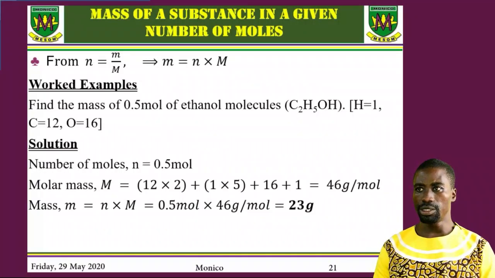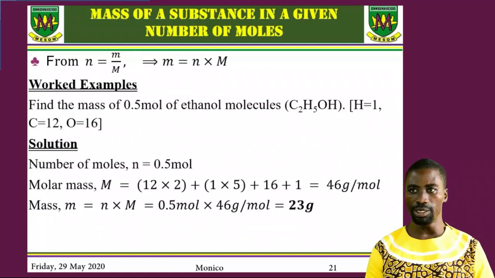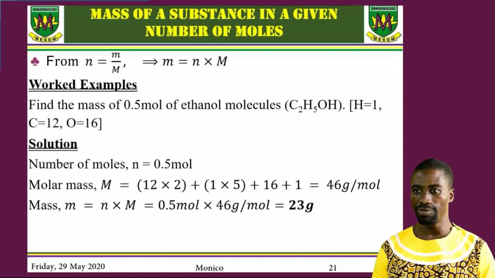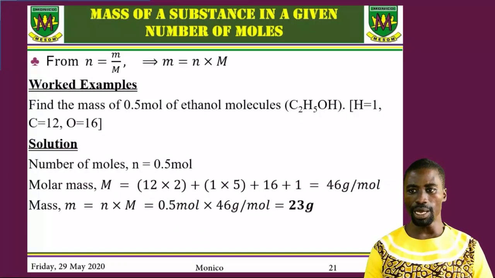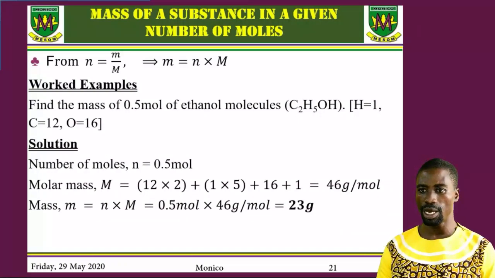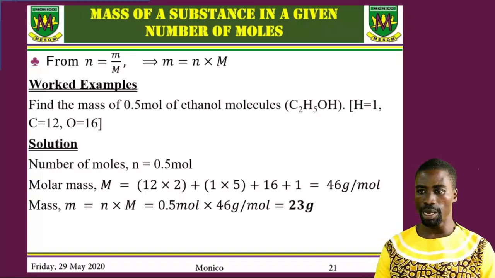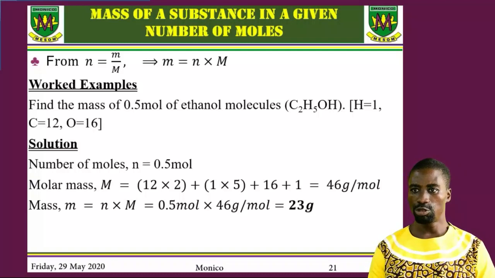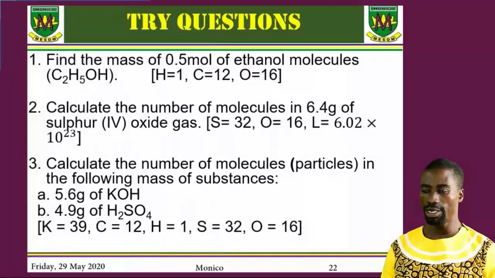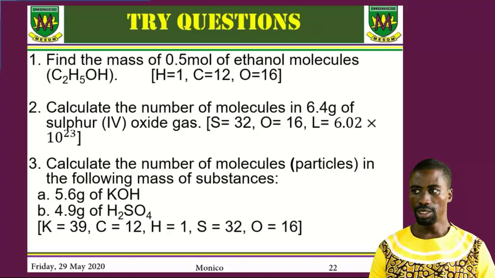Good. These are trial questions for your consumption, and I believe this is good for your consumption as well. It is very good for you this time that COVID-19 has kept you in the house. In as much as you are enjoying the breeze in your house, try as much as possible to do all the trial questions in the slides.